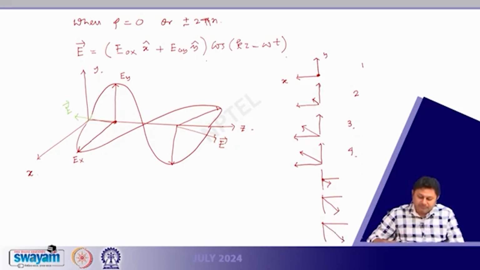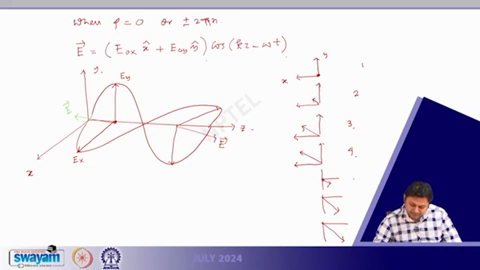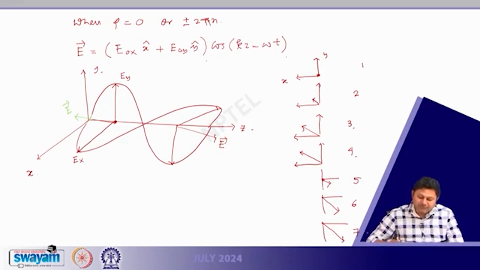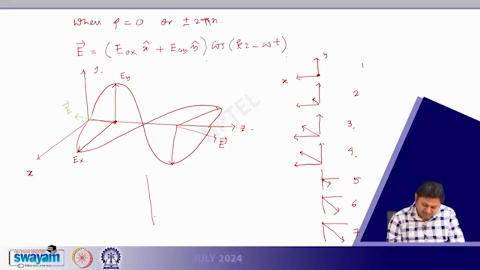So, from the z direction we can see a vibration along 45 degrees in this way.